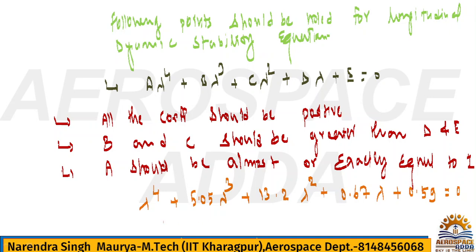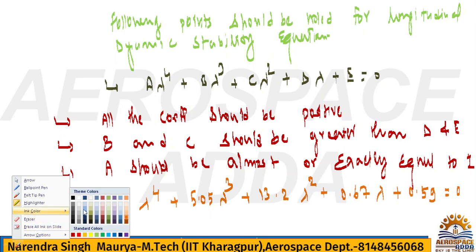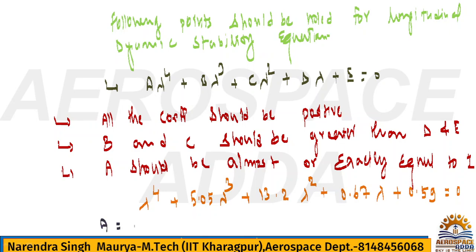If you compare the coefficients, A is 1, B is 5.05, C is 13.2, D is 0.67, E is 0.59. A should be almost equal to 1, and B and C are always greater than D and E. So all conditions are satisfied here.